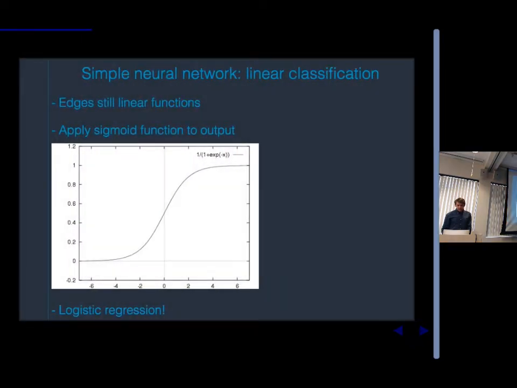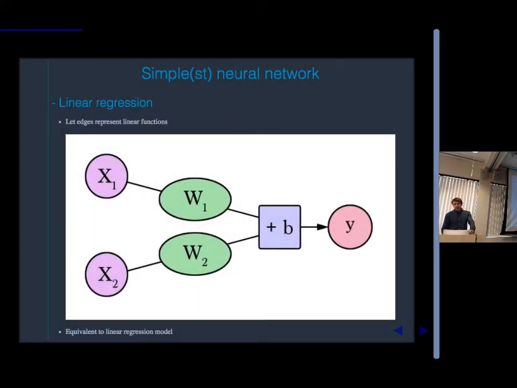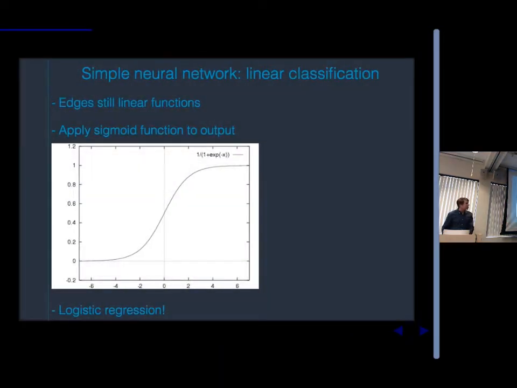Okay, so one more wrinkle we can throw into this is if we take our simple linear regression model that we saw here, and we apply this sigmoid function to the output. I forget if people said that they were familiar with logistic regression, but that's exactly what we're doing here. We're taking some sort of linear output y, and we're squashing it with this activation function to lie between 0 and 1.